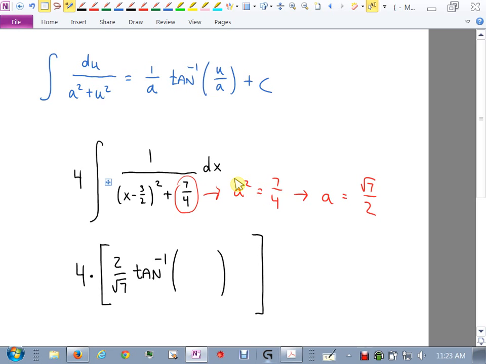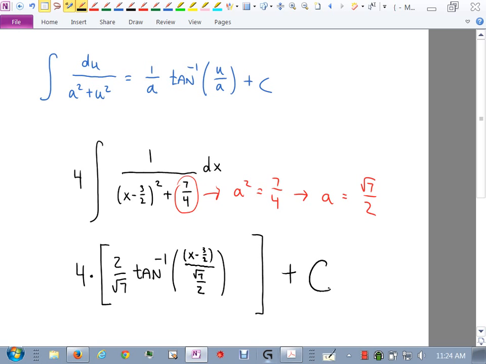Our u is this, x minus 3/2, divided by that root 7 over 2. So it's the x minus 3/2 over the root 7 over 2, and then plus c. You can clean this up. You could flip the 2 up to the top. You could even distribute the 2 through. But that's as far as I'll go.